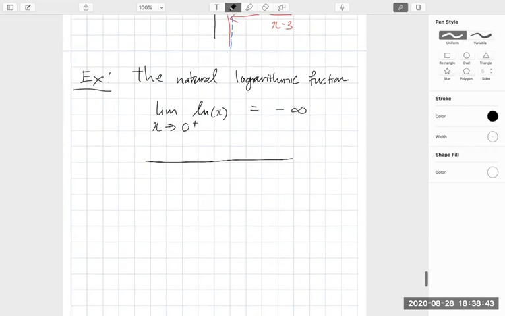It's easy, right? Do you remember the definition of a natural log? So natural log of x is the log base e of x, right?